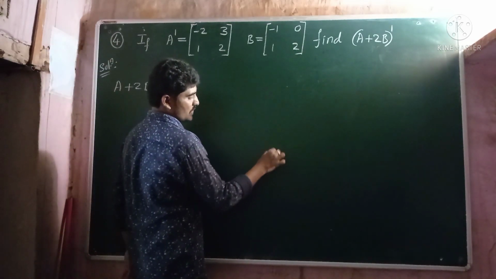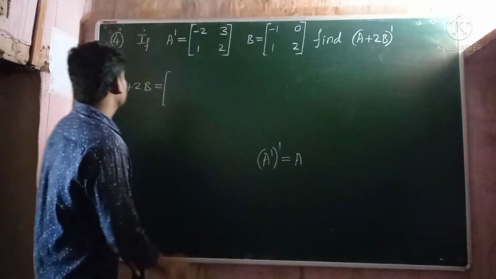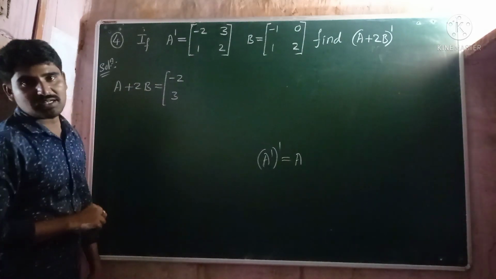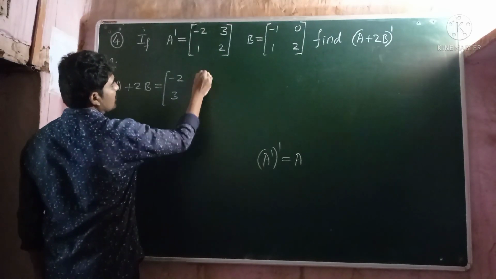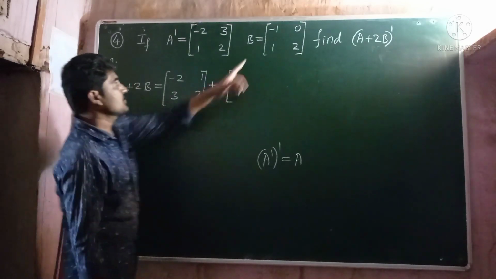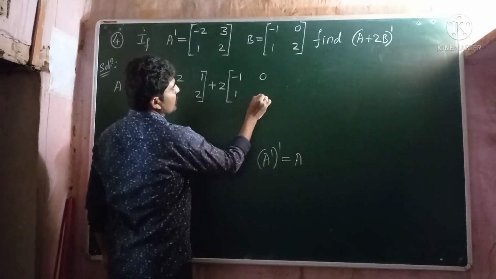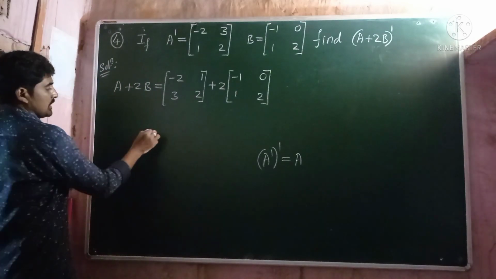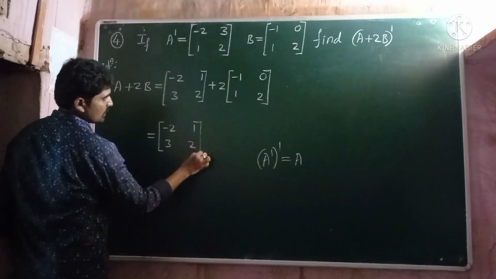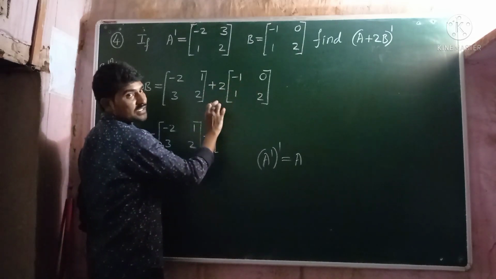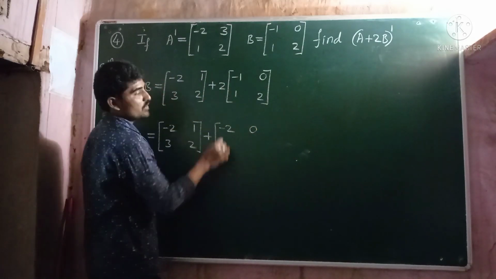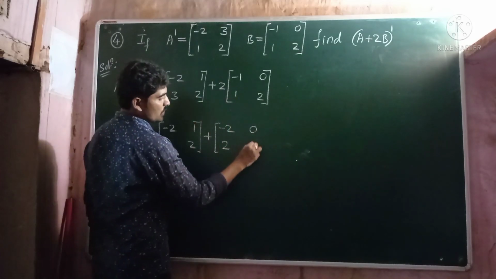As you know, the transpose of the matrix A dash is equal to matrix A. Therefore matrix A is equal to minus 2, 3, first row becomes first column of the matrix A, and 1, 2, second row becomes second column, plus 2 into matrix B. Matrix B is given by minus 1, 0, 1, 2, which is equal to minus 2, 1, 3, 2, plus 2 into this matrix: 2 into minus 1 is minus 2, 2 into 0 is 0, 2 into 1 is 2, 2 into 2 is 4.